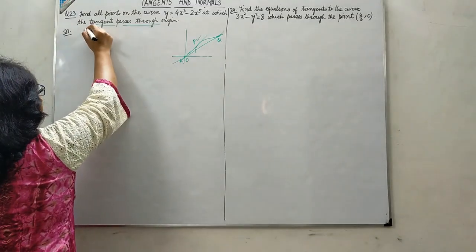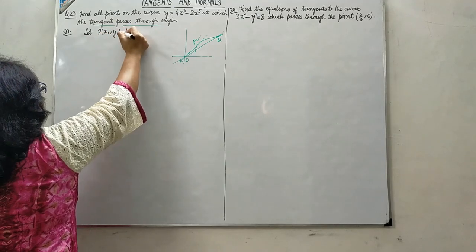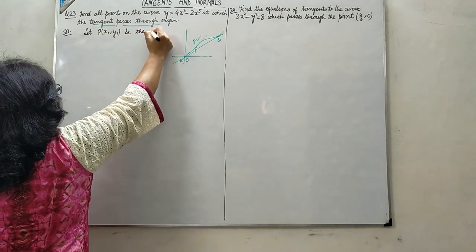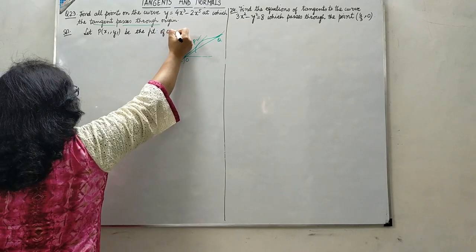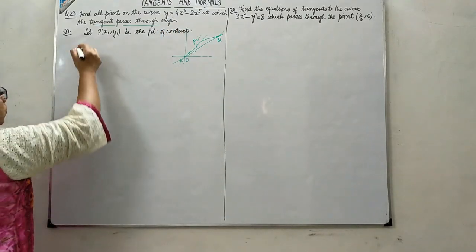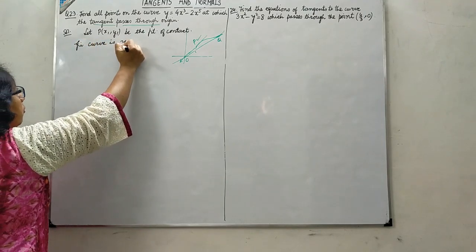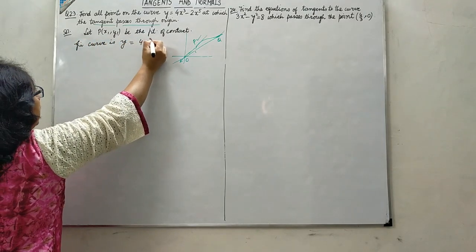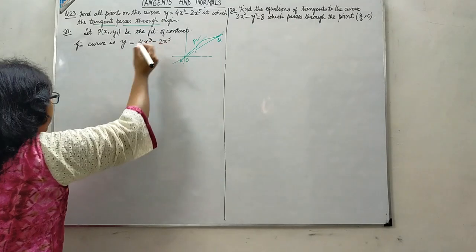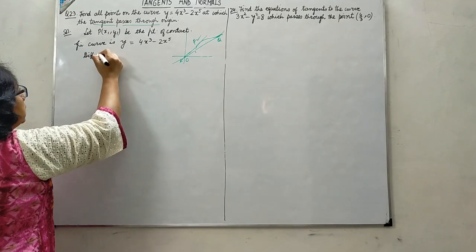Let P(x1, y1) be the point of contact. First of all, we will assume P is on the curve. Now, the given curve is y equal to 4x cube minus 2x raised to power 5. Now, I can differentiate it with respect to x.